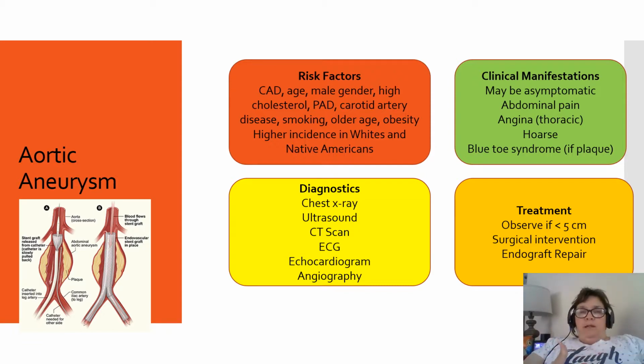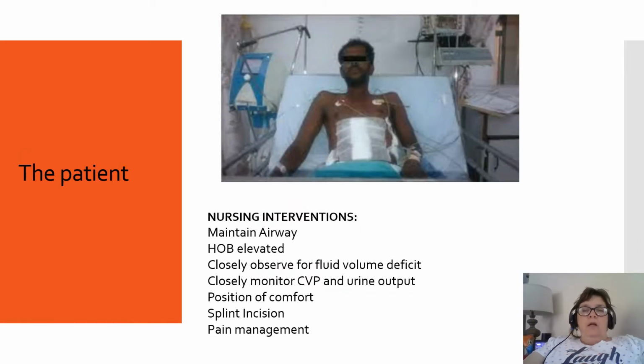And by cross clamping the aorta and making that surgical anastomosis sites, they cut off circulation below that level. So we have to closely monitor their urine output and their extremities for problems due to lack of circulation.